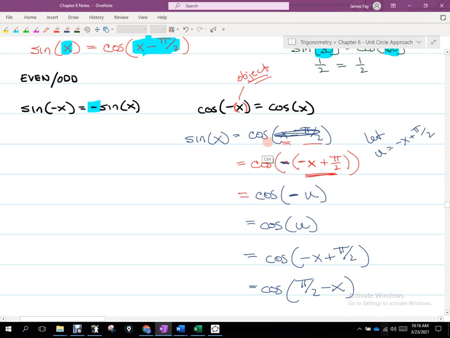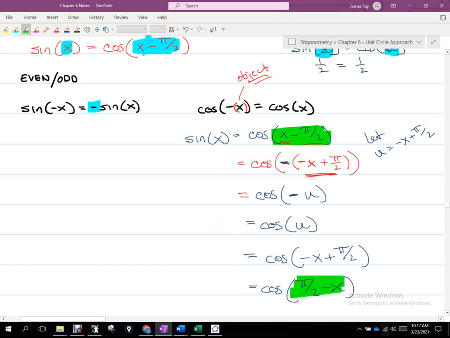Here, right there, we knew it was a transformation to the right. We had a phase shift of pi over 2 units to the right. Okay? That is not as easy to see down here, but it is still true.